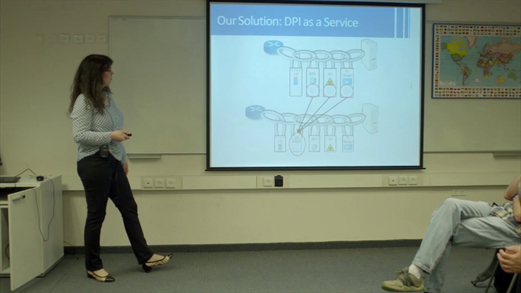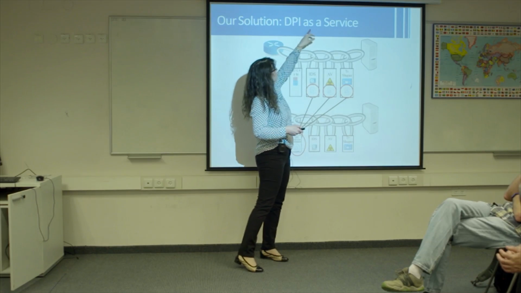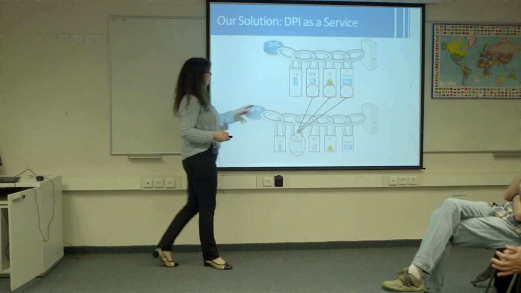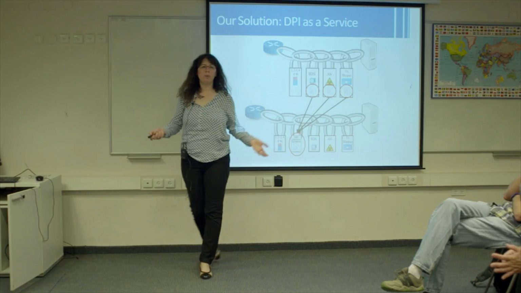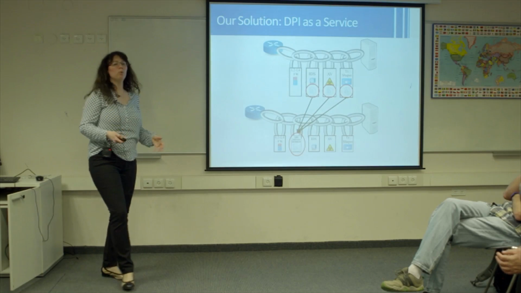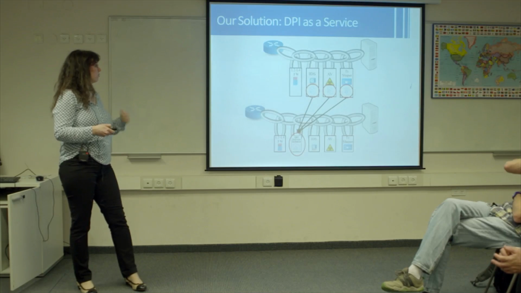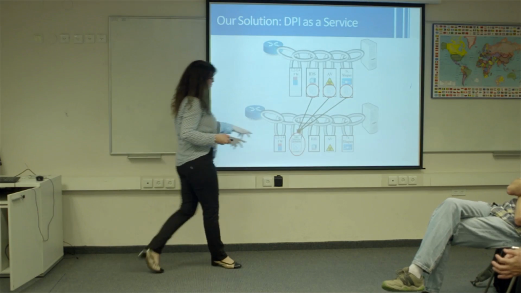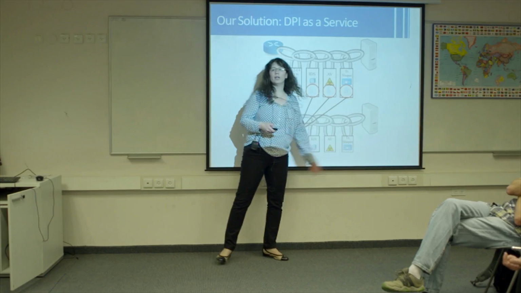So the idea is to take the DPI engine and offer it as a service. This means that the middle boxes will tell the DPI instance their set of patterns. The DPI will work on the combined set of patterns, see which patterns match, and then send the result on the packet to the relevant middle boxes.